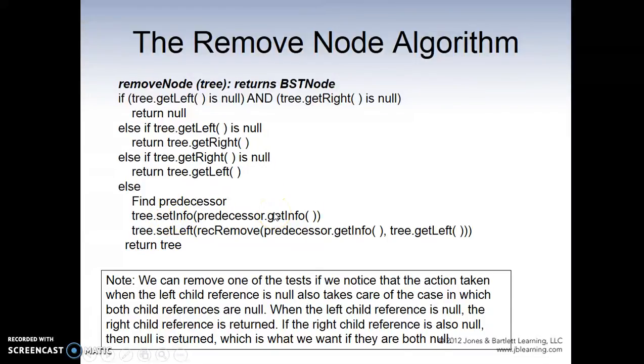That's the set data that we talked about. And we start to remove the node, which is the node that we said is the predecessor. Remove that, pass the predecessor. And recursive remove will remove the tree. And when it removes the leaf, it returns null for the tree that's left.